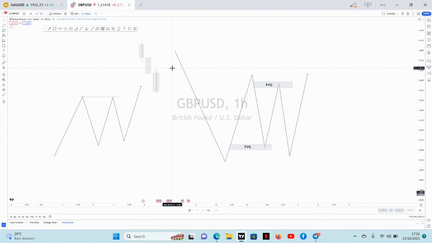Now, the science behind it is that when market makers leave fair value gaps and then come back to fill them, they definitely know that they have engineered some people who trade off fair value gaps. They have engineered some entries at that point. So they are coming back to sweep it. Once they sweep it, we now wait for a market structure shift.